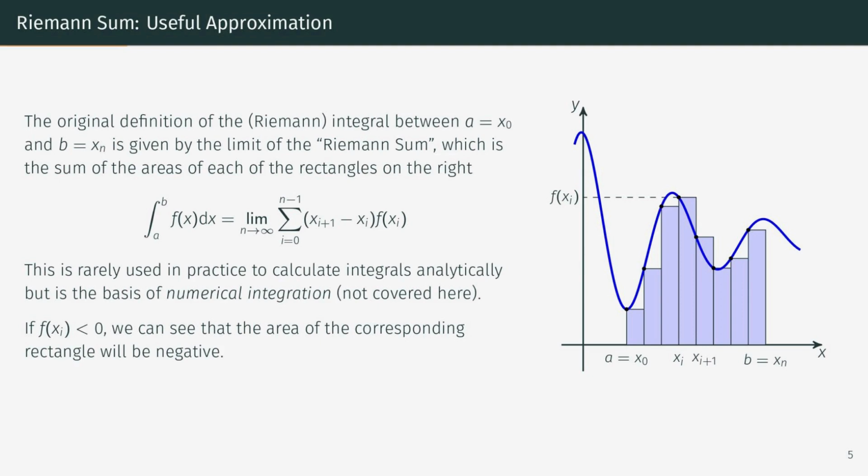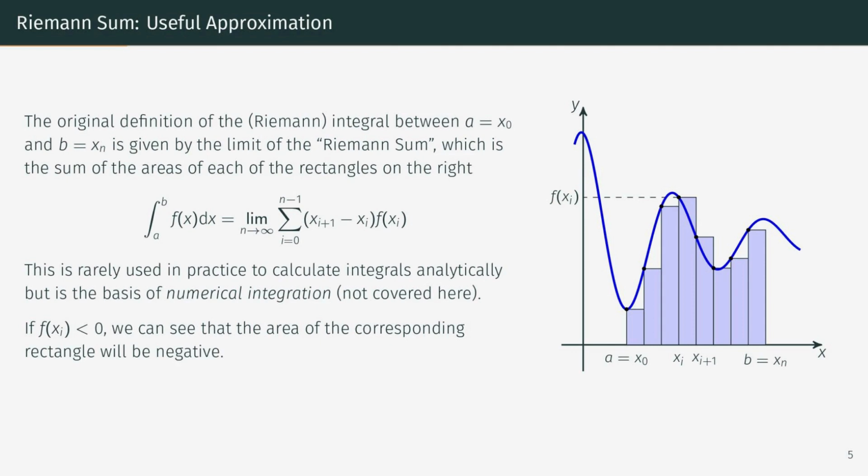So the integral of f of x dx from a to b is equal to the limit as n goes to infinity of the sum from i equals 1 to n minus 1 of x i plus 1 minus x i times f of x i. This is rarely used in practice to calculate integrals analytically, but is the basis of numerical integration, which is not covered here but can be important.